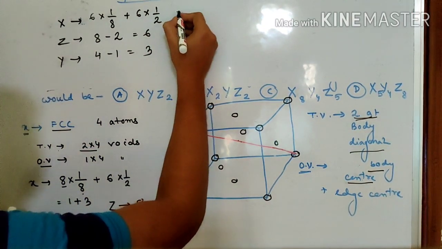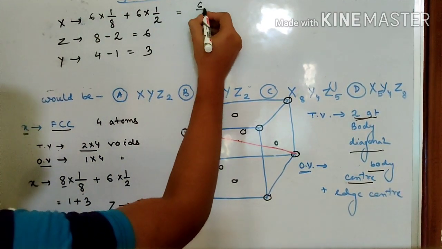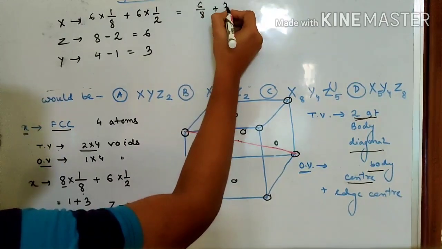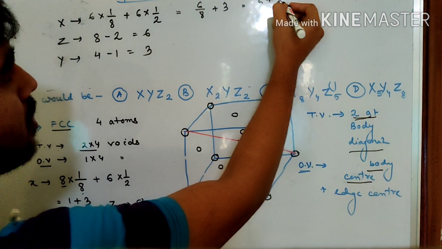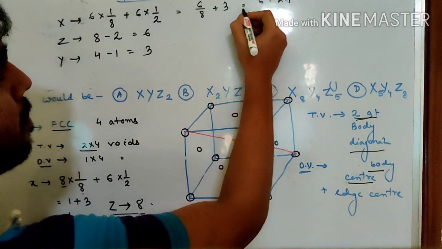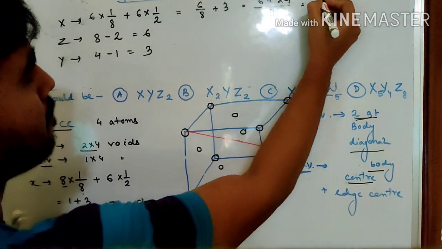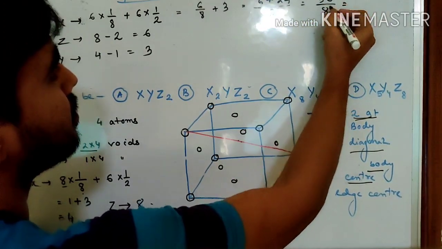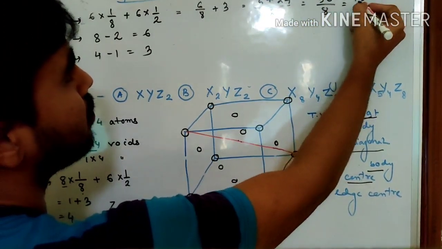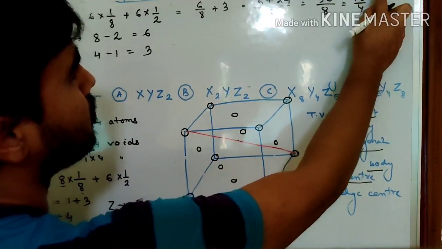So now the new scenario will be: here it is 6 by 8 plus 3. So I think it is 6 plus 24 by 8, that is 30 by 8, so it is 15 by 4.